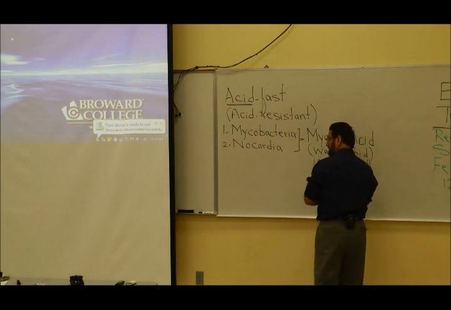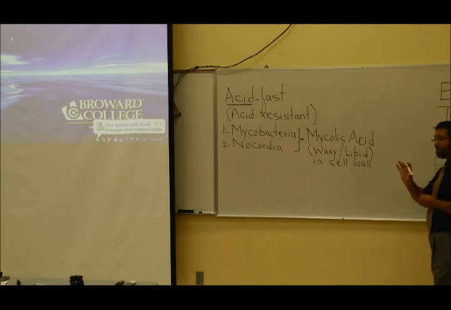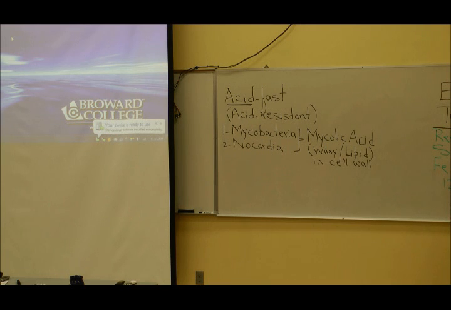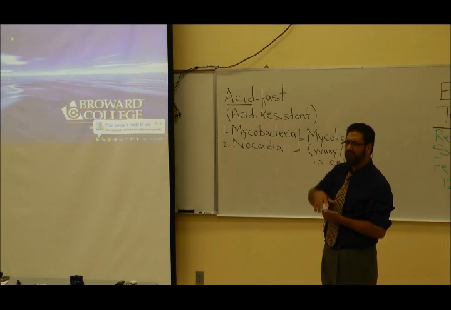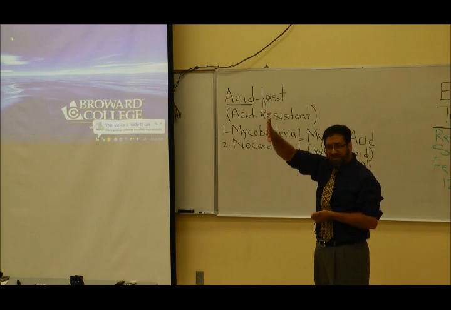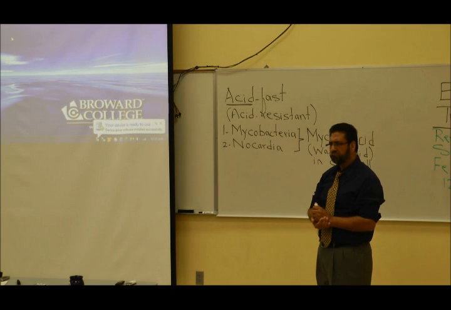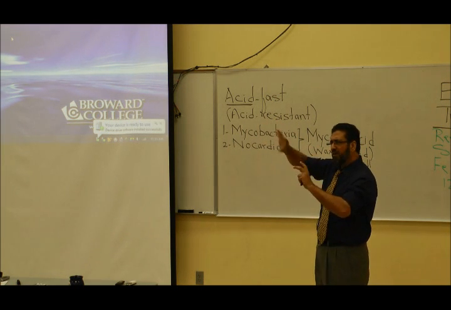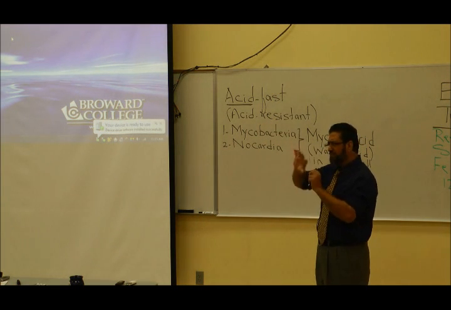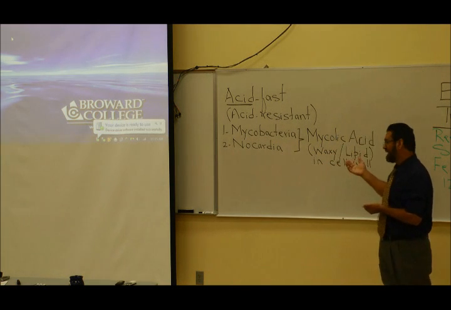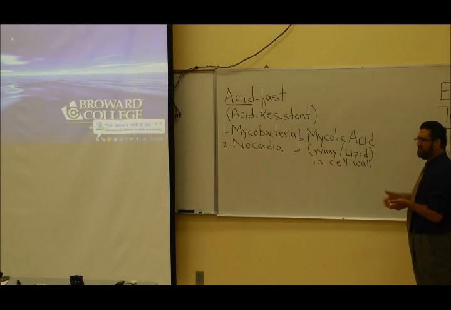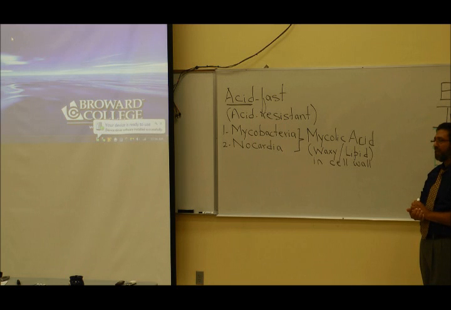Because of this, they cannot be stained well with gram stain. It's like if you take a wax candle and stick it in crystal violet or safranin. Would you have a homogeneous layer outside it? No. It will be beaded on the candle, right? If you try to stain a bacteria that has mycolic acid, it will not stain well.